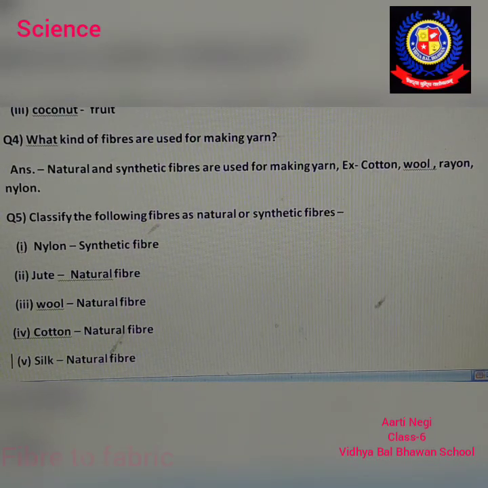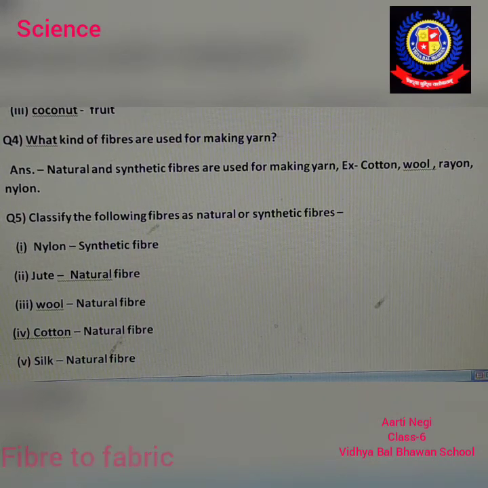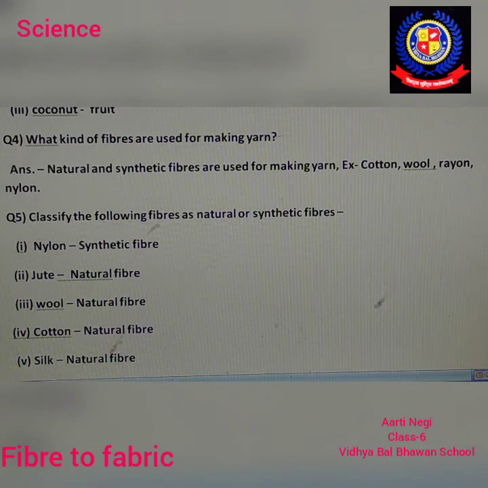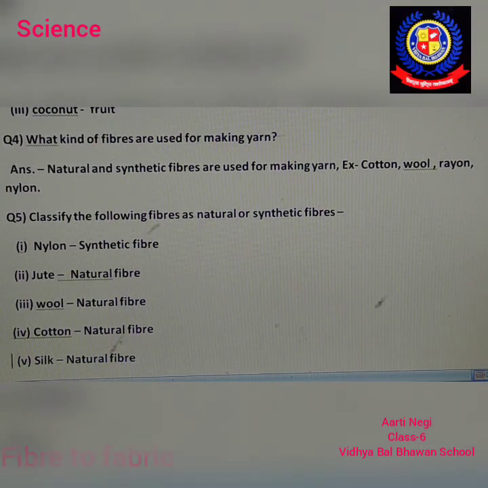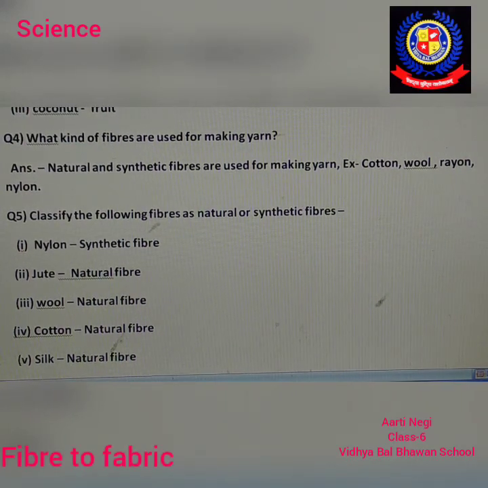First option is nylon, and nylon is a synthetic fiber, or you can say artificial fiber. Second one is jute. Jute is a natural fiber that we get from the jute plant. Third one is wool. Wool is a natural fiber that we get from sheep, goat and angora rabbit. There are many types of animals that give us wool.